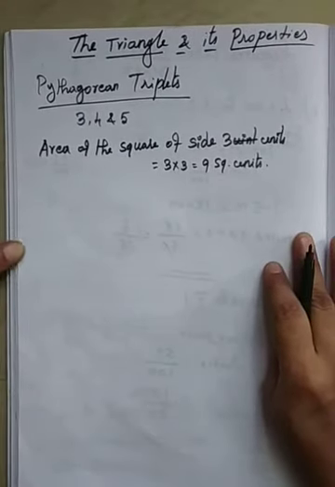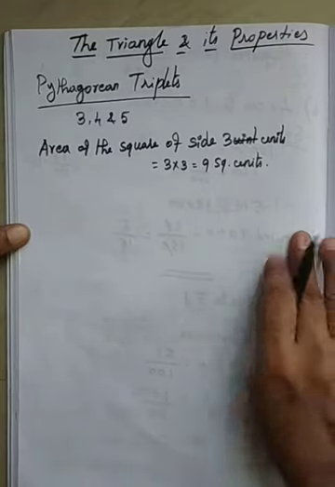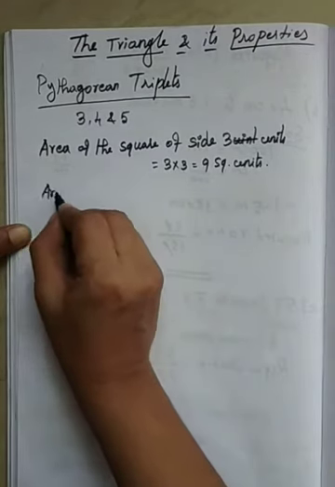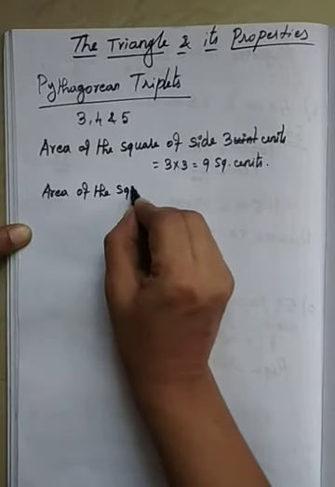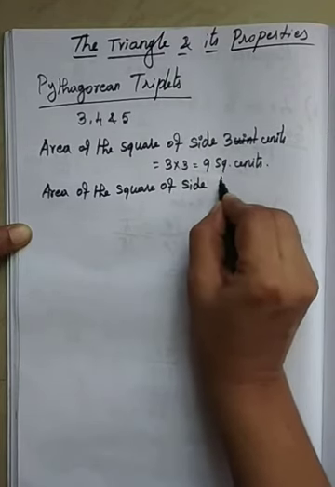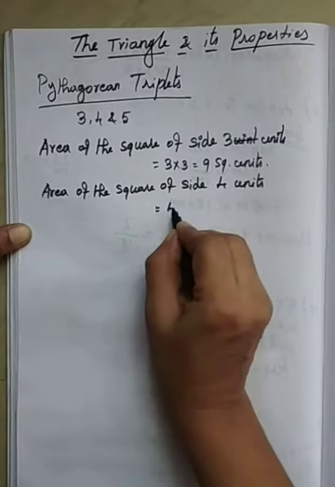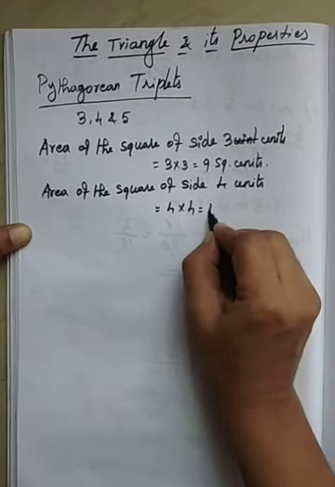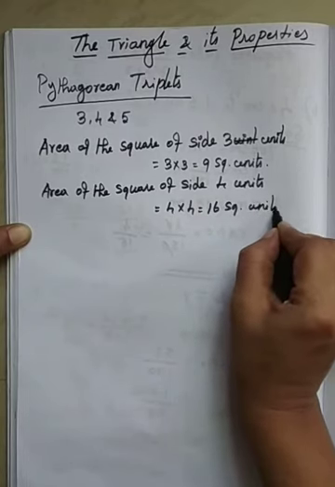Now we can find the area of the square of side 4 units. Similarly, the area of the square of side 4 units is 4 into 4, which is 16 square units.